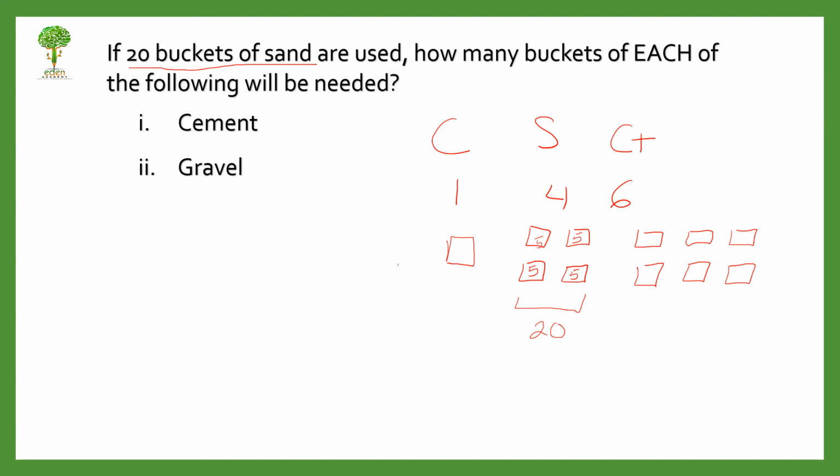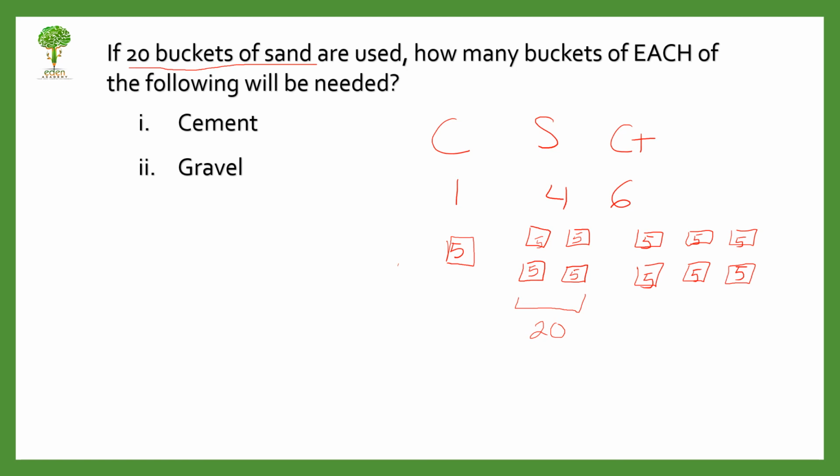And to match that with the other 2 ingredients, the cement and the gravel, each portion is 5 buckets. So we put 5 in each of these boxes.